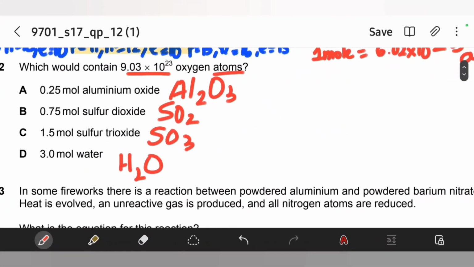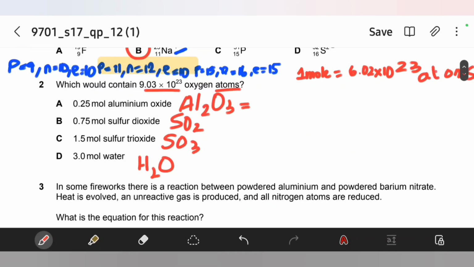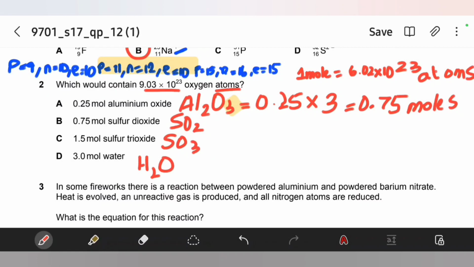Now, for 0.5 mole of aluminum oxide, there would be how many oxygen atoms? Let's first do some calculation. That is 0.25 into 3, because there are 3 oxygen in this formula. So 0.25 into 3 gives us 0.75 moles of oxygen.